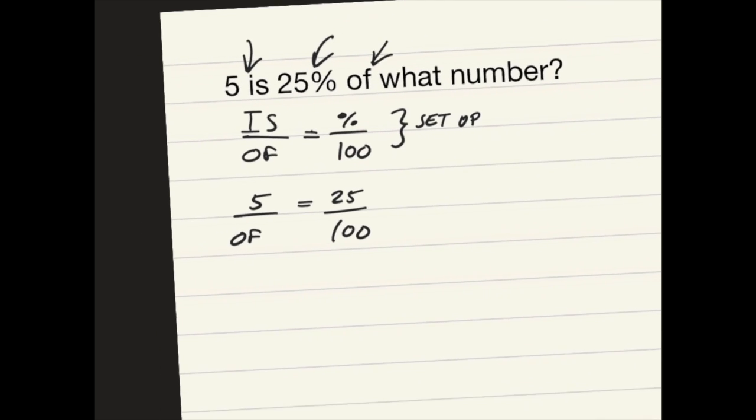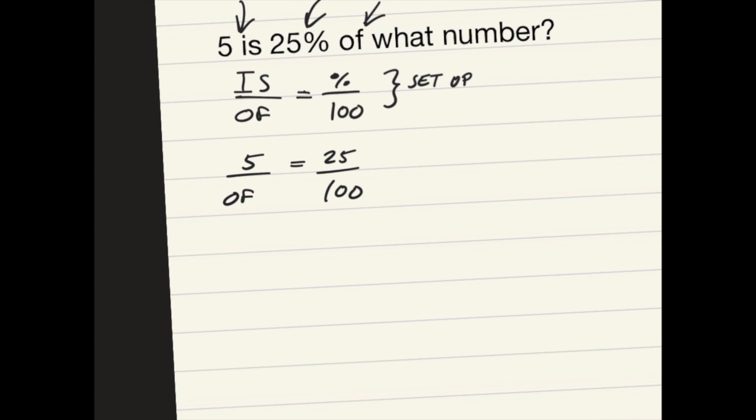Just as before, we're going to go through the same process, which is we're going to multiply diagonally. So I'm going to do 25 times the of, and then over here I can do 5 times 100, and that is 500. Now if I divide everything, that's how I can get to the of.